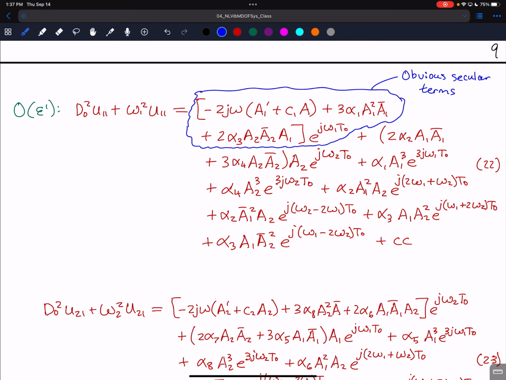And we also want to look at other potentially secular terms. The first one is right here that I'm going to circle in orange. So this is a potentially secular term.